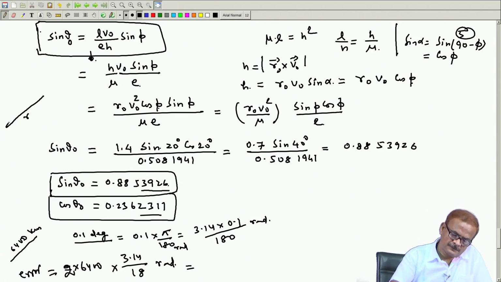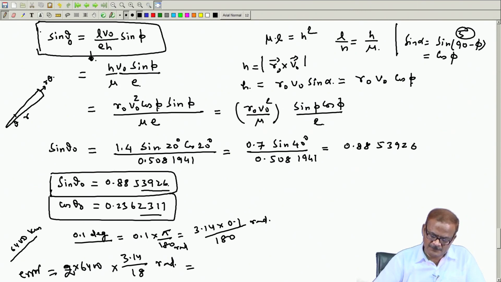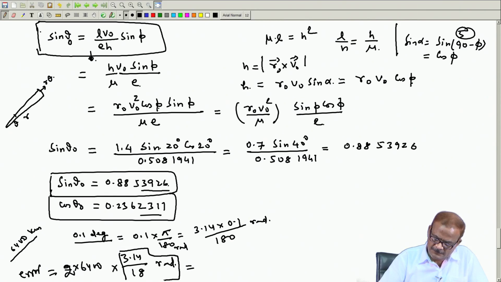This is r, and if this is theta in radians, then this distance becomes r times theta. So, this is the principle we are using. This is your theta in terms of radians. Sorry, here this will be 0.314.